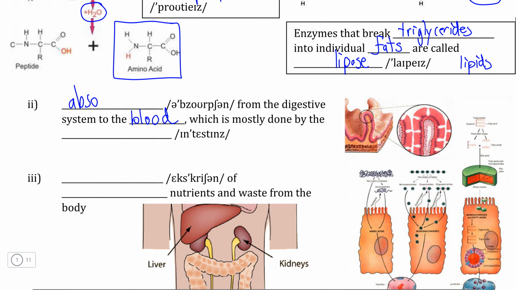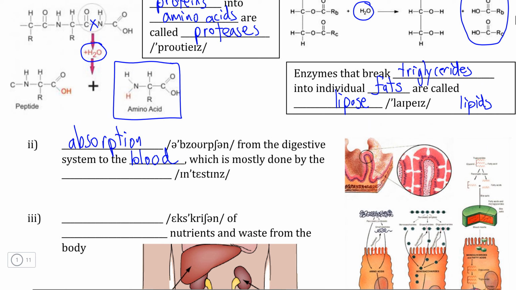This is what we refer to as the process of nutrient absorption, transferring usable nutrients from your digestive system into your circulatory system so that they can be transferred to where in the body they are needed. This is primarily the function of your intestines, which make up the overwhelming majority of your digestive system.